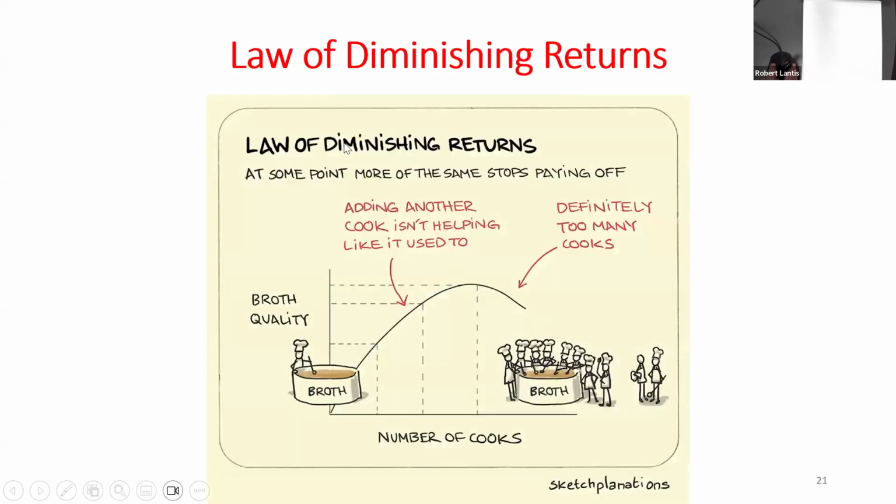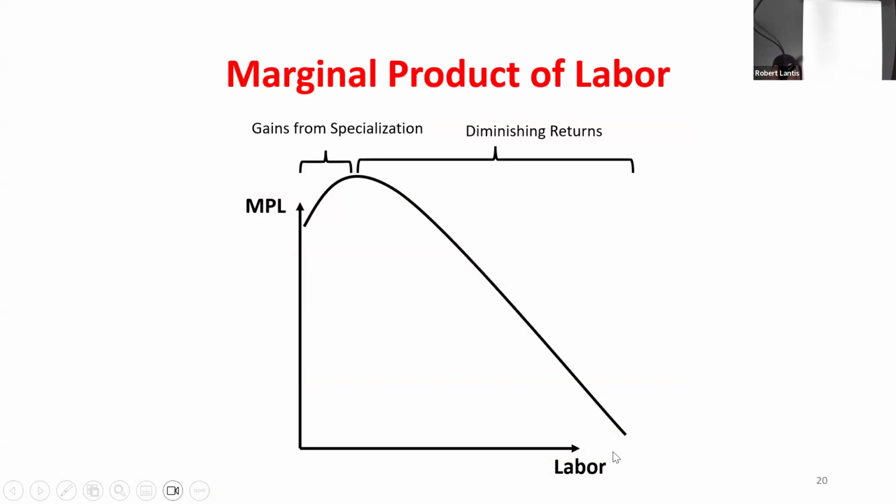So this is the idea: if I'm adding more cooks, eventually we get to a point where adding more cooks in the kitchen starts to actually decrease how productive each cook is. And in fact, you can imagine there's some level where the marginal productivity of labor could be negative. Now, should we ever get to that point? Hopefully not. In my Chipotle example, this would be like if I had 7 people behind the counter and one of them doesn't have a task to do, so they're just standing around getting in the way, right?